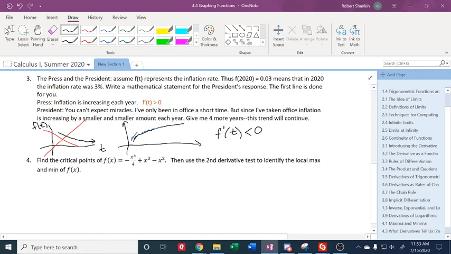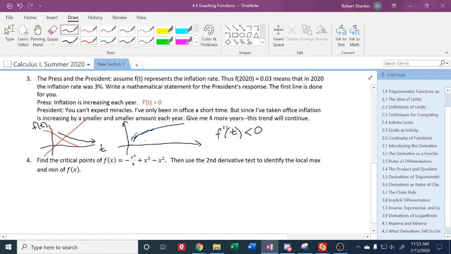Now, he can't be saying that because f prime of t is positive. Inflation is increasing each year. It's not what he's saying. But then what is he saying? Anybody want to pipe in? That f double prime of t is less than 0? That is correct.